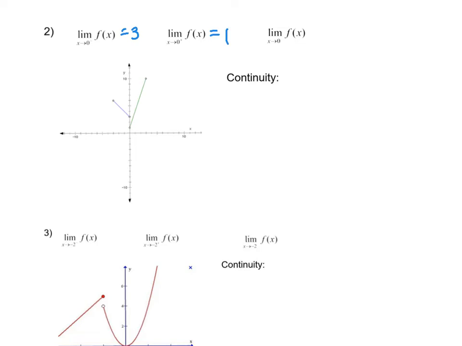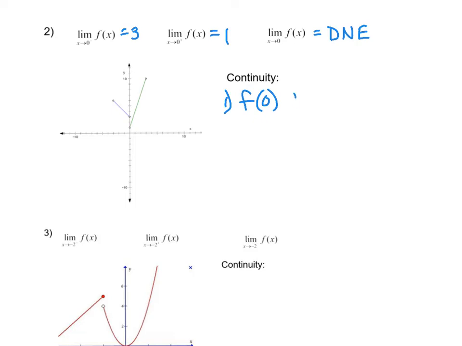Now, because my left-hand limit does not match my right-hand limit, that tells me that the limit as x approaches 0 does not exist. Now, that's going to help us to discuss continuity. So first of all, does my function exist at 0? If I look closely, it looks like 2 empty circles at 0.